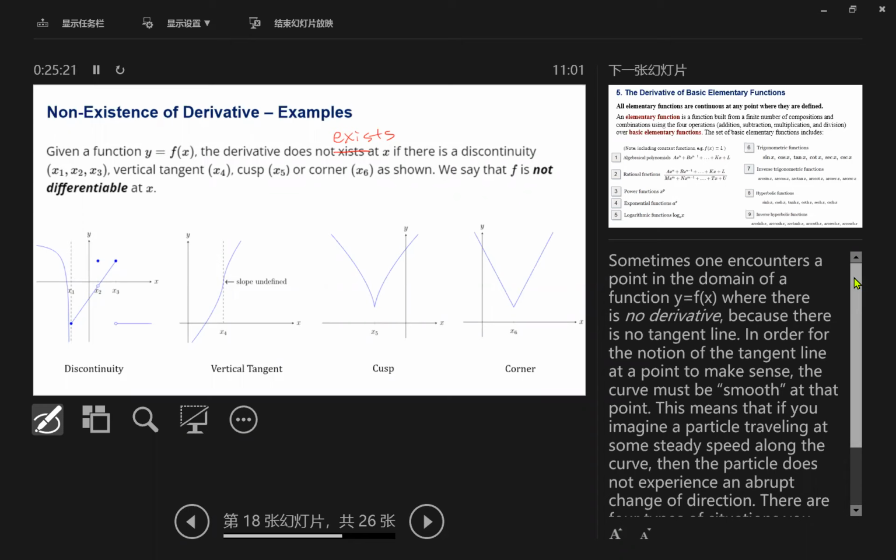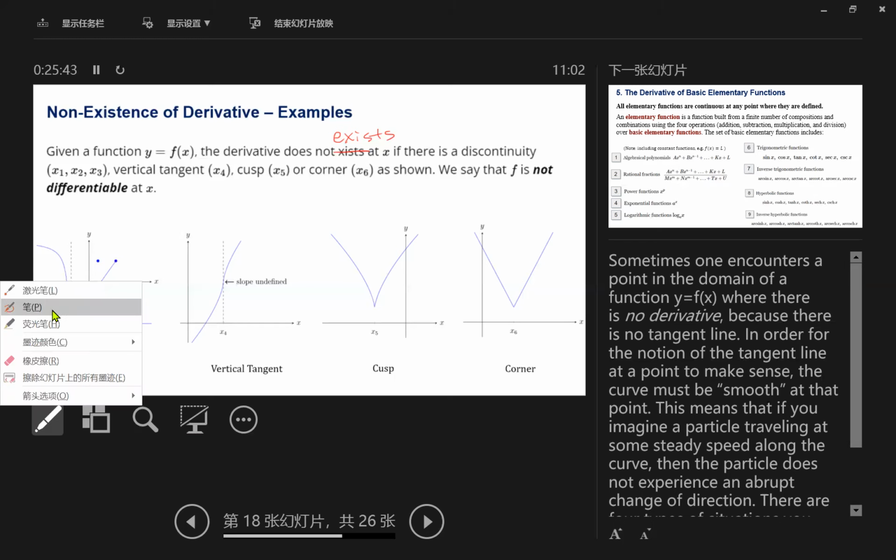This means that if you imagine a particle traveling at some steady speed along the curve, then the particle does not experience an abrupt change of direction. Okay, in order for the function to be differentiable at a certain point, at that point, the function must be smooth.